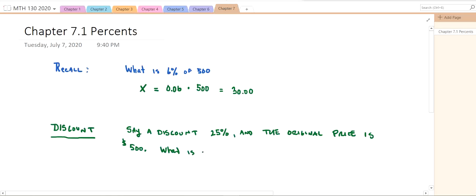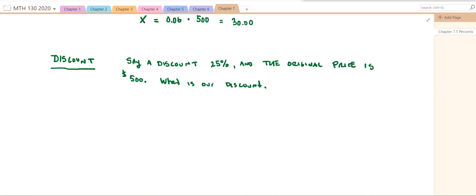What is our discount? Or how much do we save? Could ask the question in both those ways. Well, let's set this up the same way we set up the equations before. What I'm asking here is what? 25% of $500 is what?